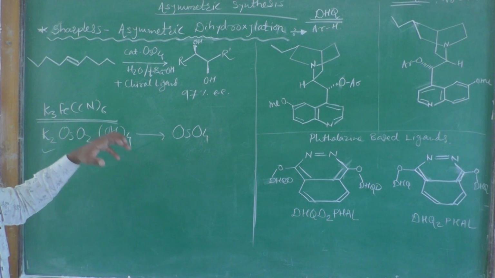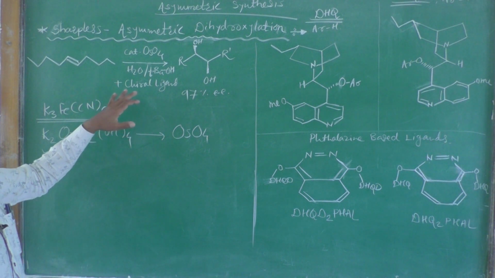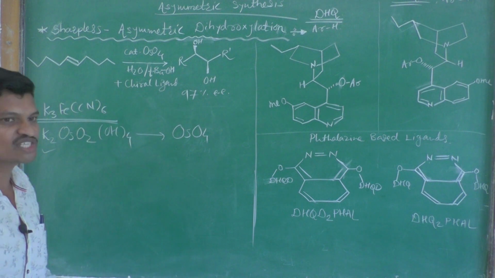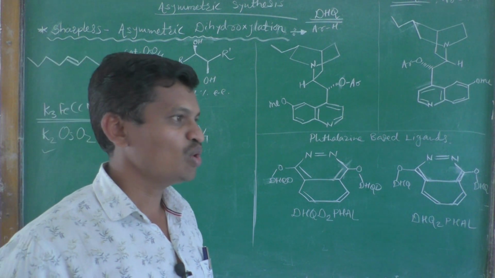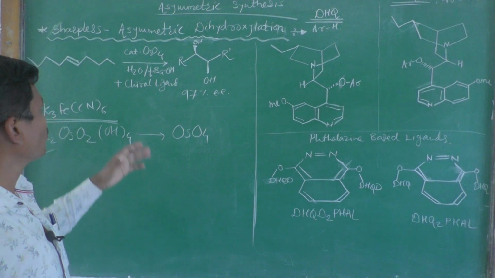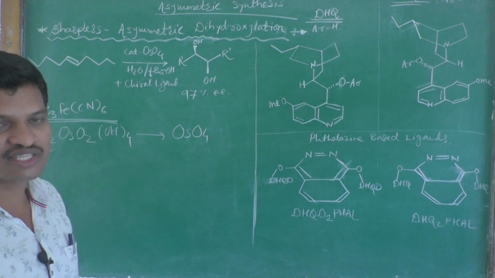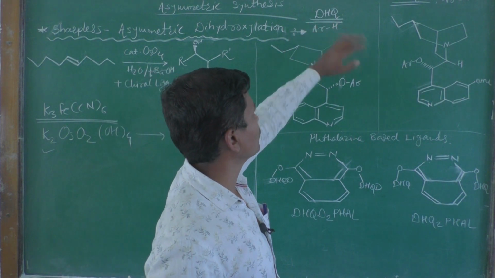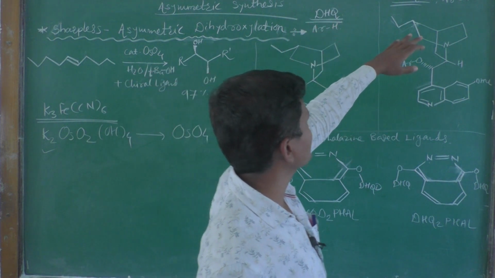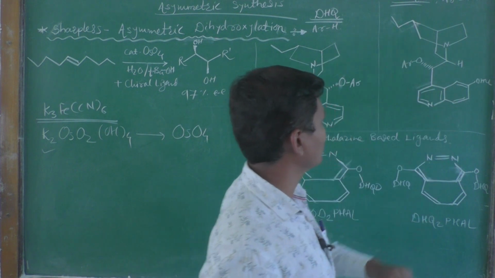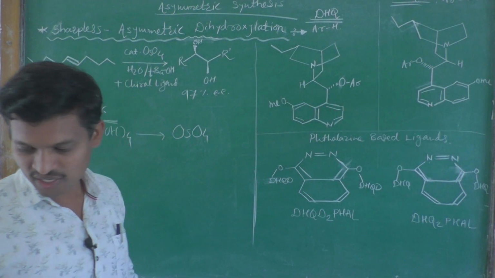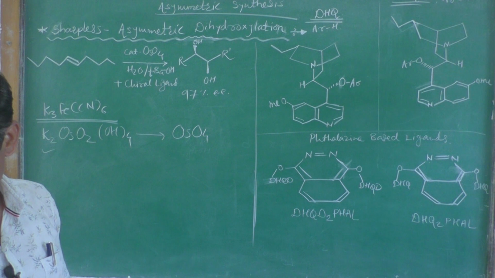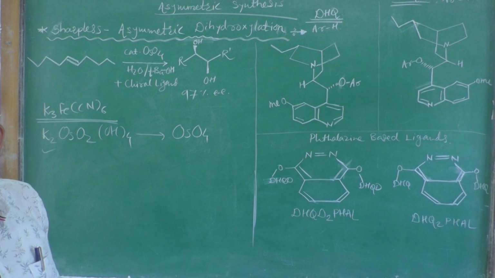Now come to our main point, that is the chiral ligand. Which chiral ligand is used here? The chiral ligands that Sharpless used in this reaction are dihydroquinine and the second one, dihydroquinidine.